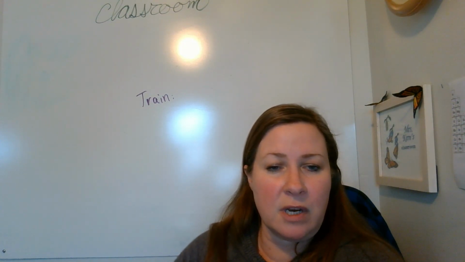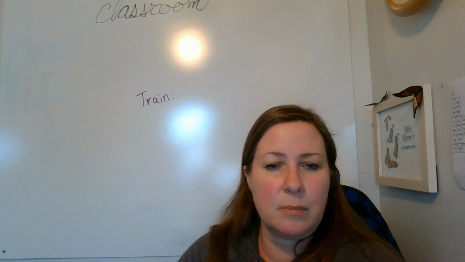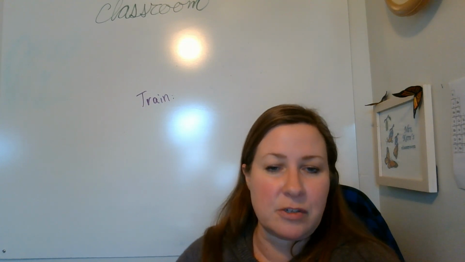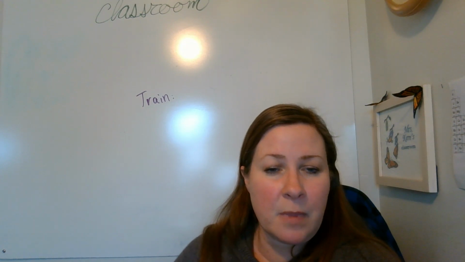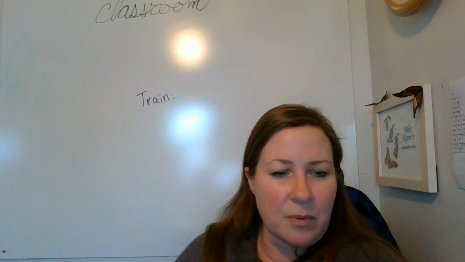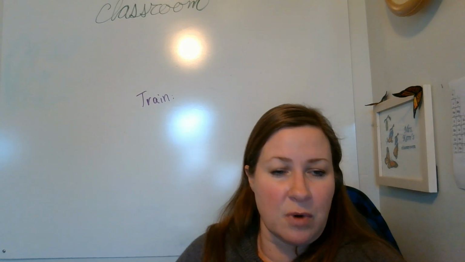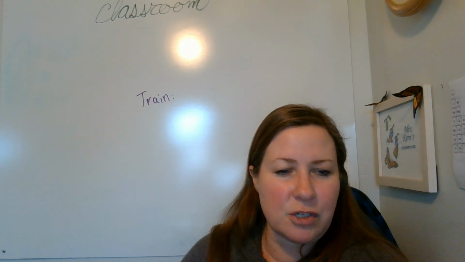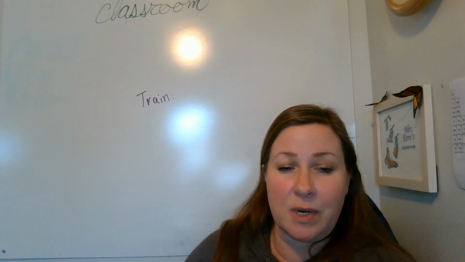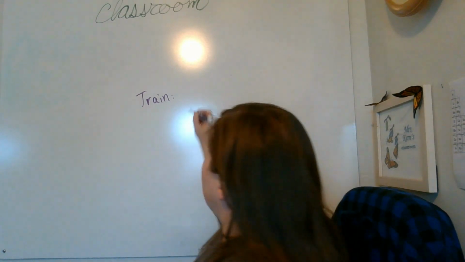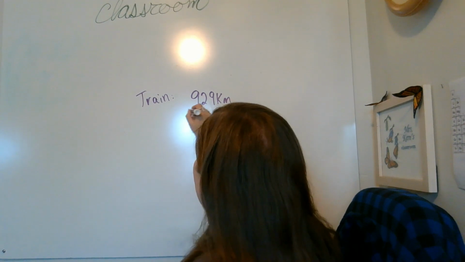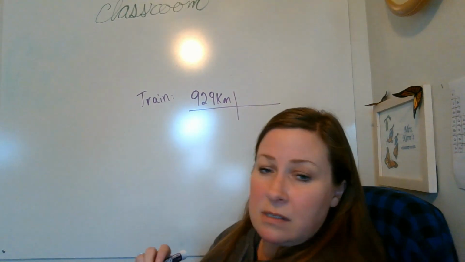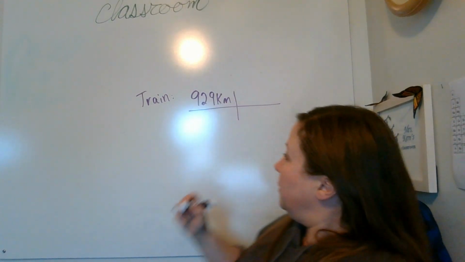So for the train, we're going to say, okay, 1.1 megajoules per kilometer per passenger. So we got 1 passenger, just the teacher. And the kilometers that we're going to go through for the train ride, if you reread that question, you should see that it's going to be 929 kilometers for the train ride. And we're going to convert this into megajoules.